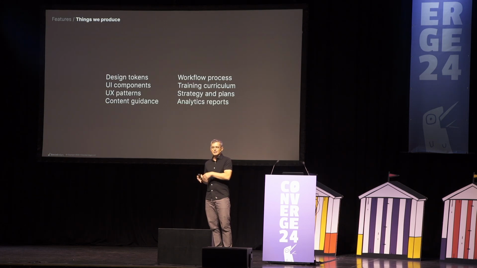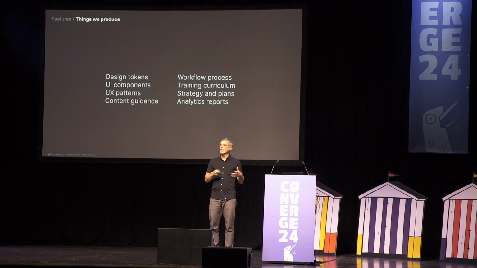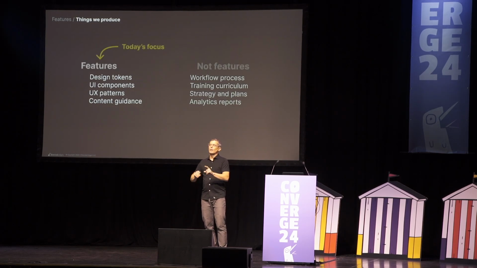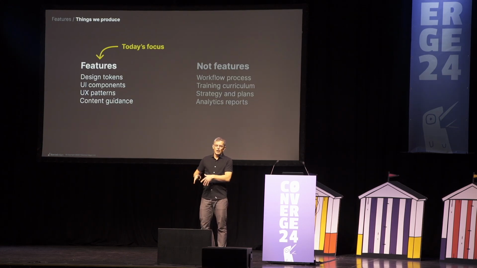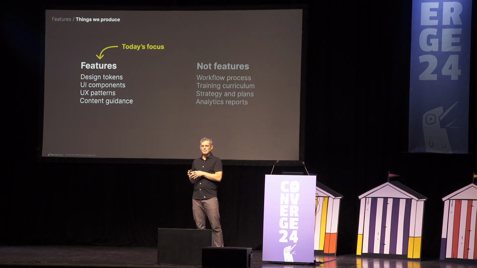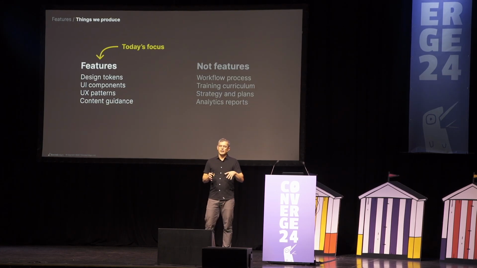In design systems, we produce a lot of stuff: design tokens, components, patterns, content guidance, as well as all of our workflow processes and training curriculums and strategy and plans and analytics. And so today, I'm going to focus on really what I call features. These are the things on the left. And I'm not going to really focus on how we create all the processes.